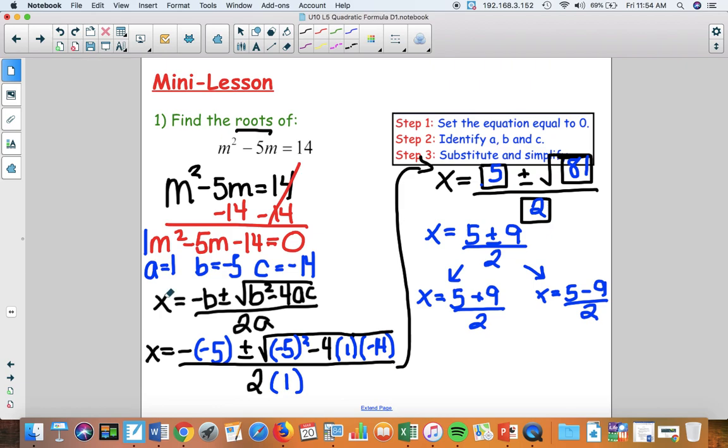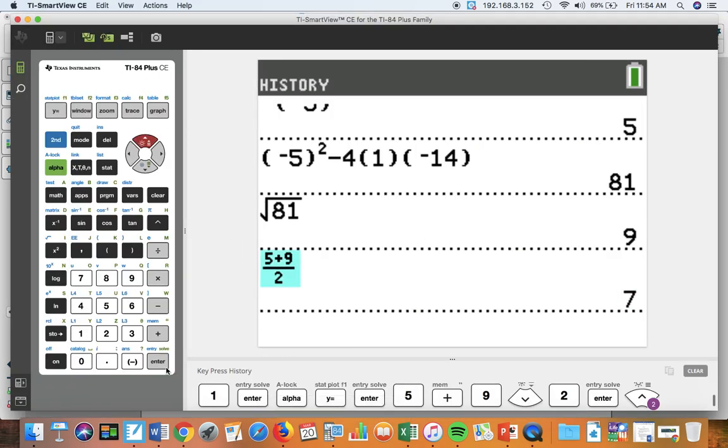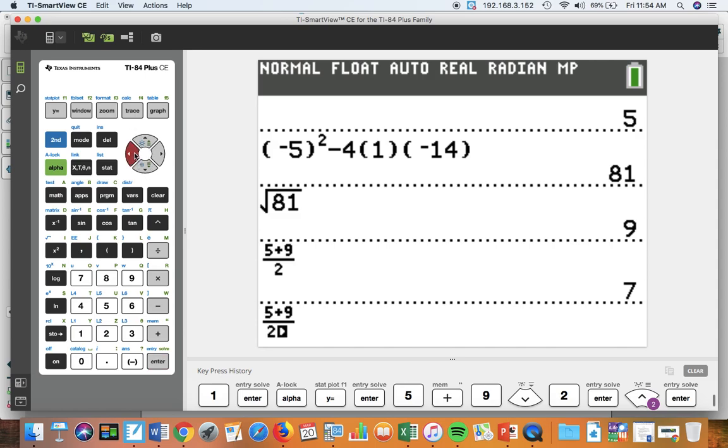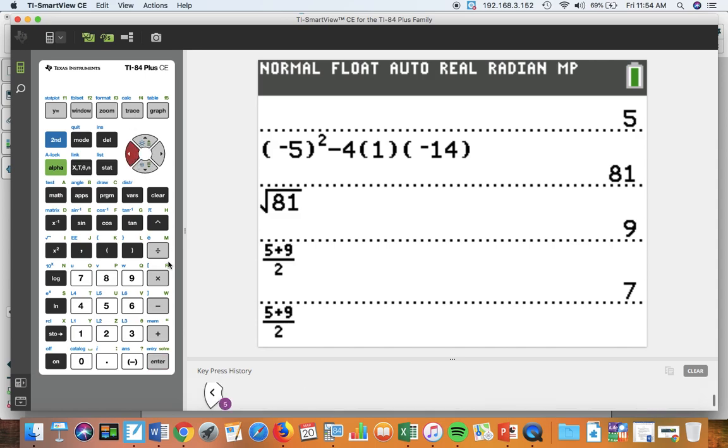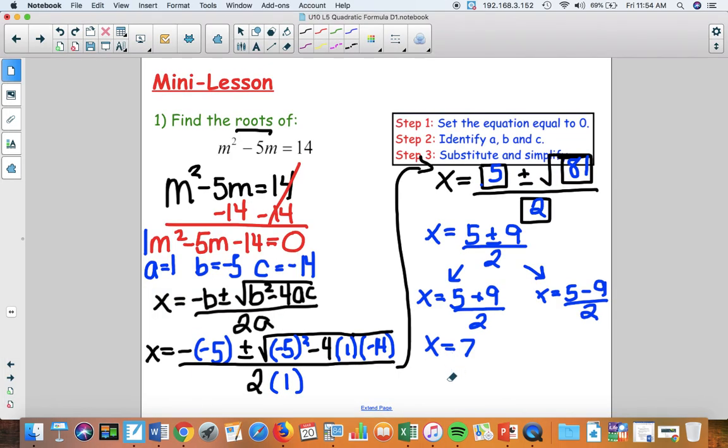So that first answer here would be x equals 7. To get the second answer, you can actually scroll up, press enter, and you get the same thing again. We just now have to change the plus to a minus, and we get -2. So here, x equals -2. And these are our 2 answers, or our 2 roots for our quadratic.